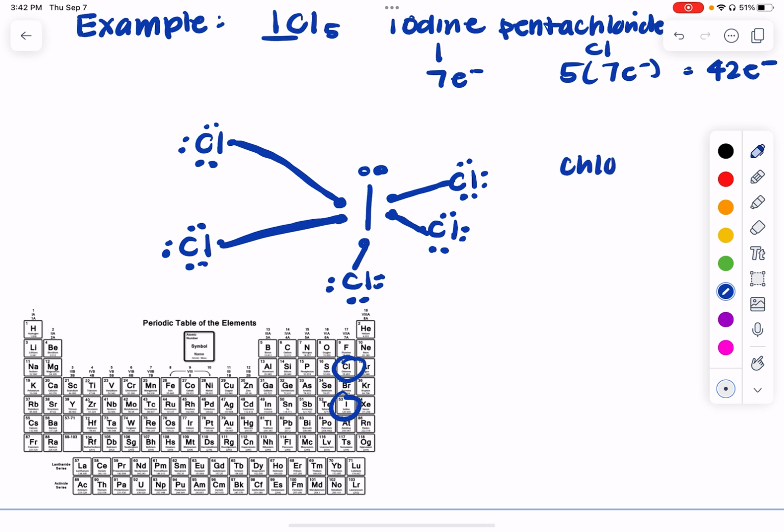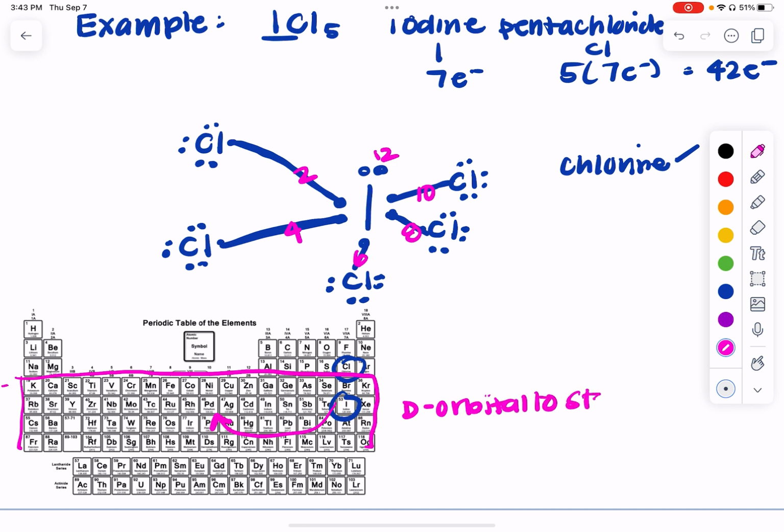So the chlorines are an octet. Each chlorine has 8 electrons. The iodine, however, has 2, 4, 6, 8, 10, 12 electrons. But iodine is located below the 3rd period, and it has this d orbital to store electrons.